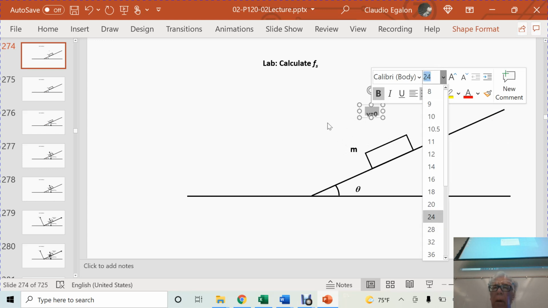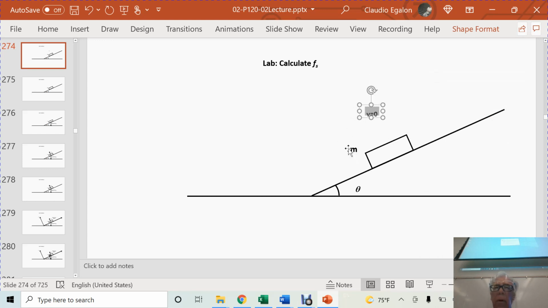Interesting. Let me see what's going on here. Let me copy this one. v equal to 0.